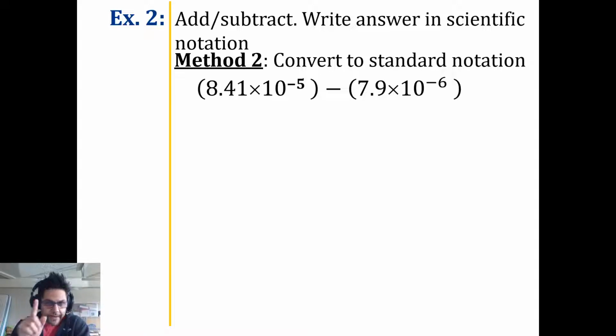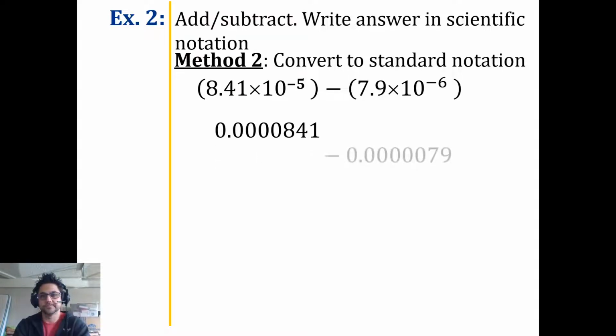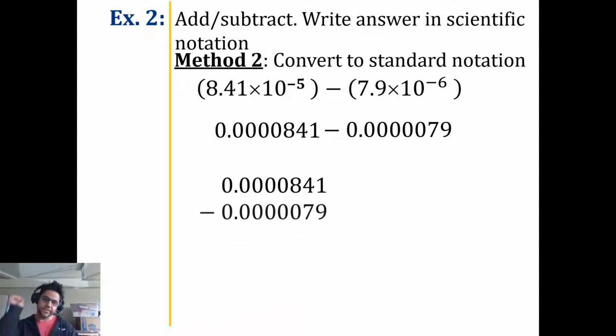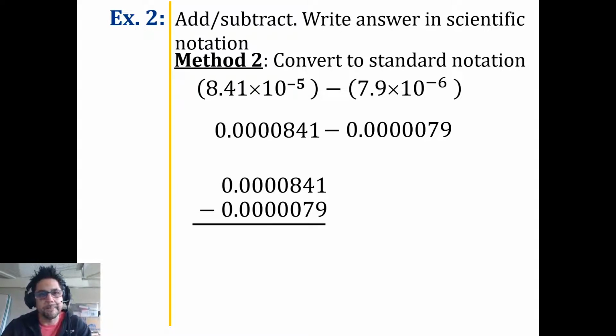If I move it a bunch of times, I get these 2 numbers. This would be a drawback because maybe some students don't move it enough by accident. Maybe they miscount it, or maybe on the calculator they mistype it. When you do your subtraction like this on the calculator, are you actually typing the correct amount of zeros? I sure hope so. That's why I kind of prefer method 1.